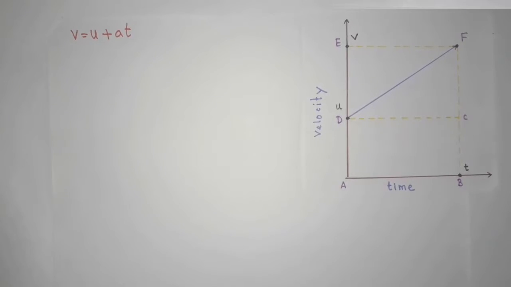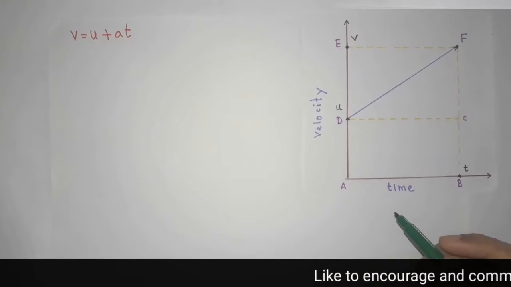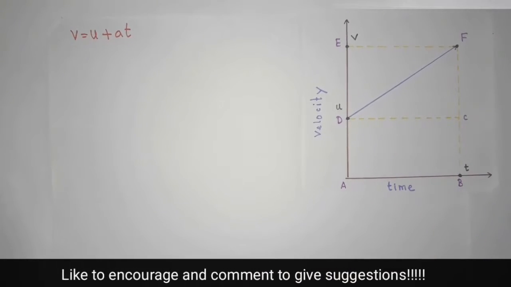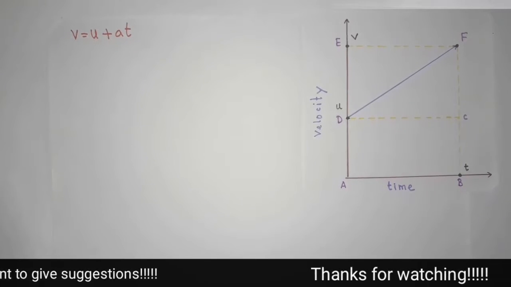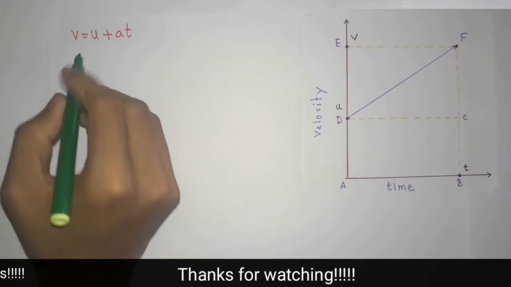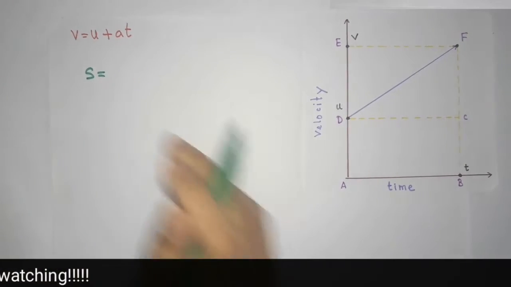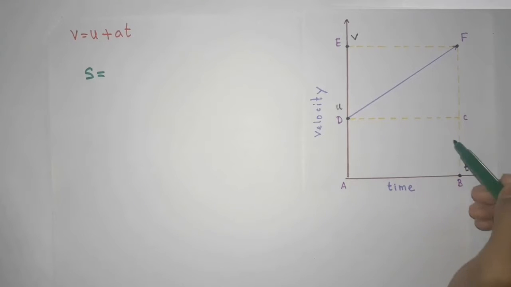Now let us prove the second equation by using this graph. Again, you will know that the area under a velocity time graph gives the distance. So we can write s is equal to the area under this whole curve.